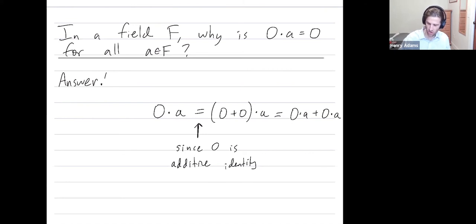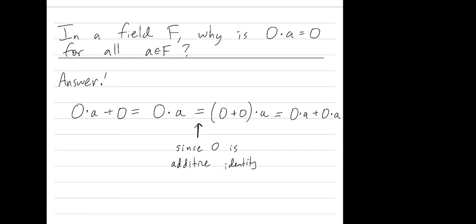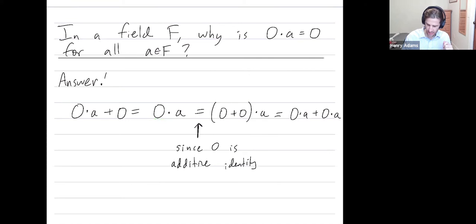If I wanted to be super explicit about this, and I suppose I will, 0 times A is an element of my field. 0 is also the additive identity, so I can add 0 to anything and not change it. Okay, so I've rewritten 0 times A just as 0 times A plus 0. And now we can apply cancellation.